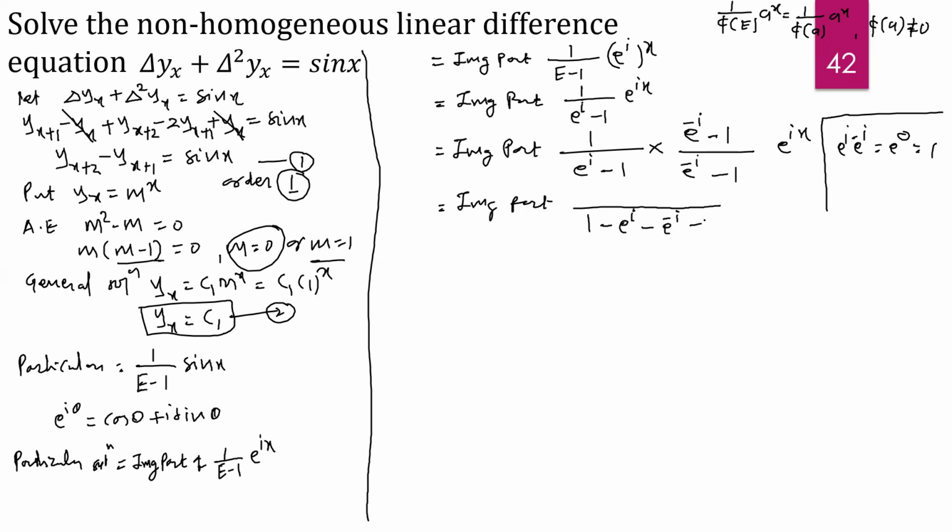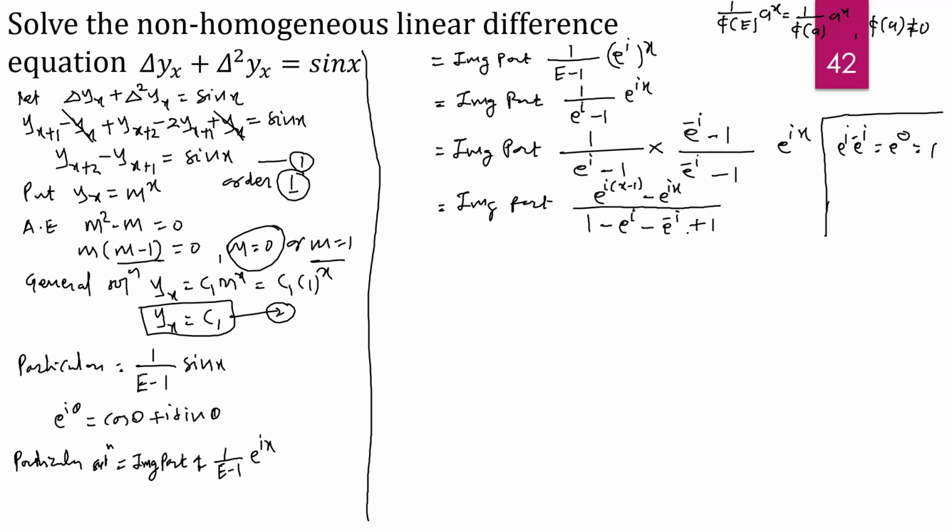Minus 1 into minus 1 gives plus 1. In the numerator, e raised to ix is multiplied here. So i is common in the bracket, e raised to i(x minus 1) remains, minus e raised to ix.